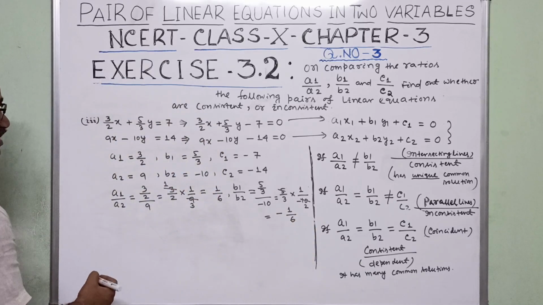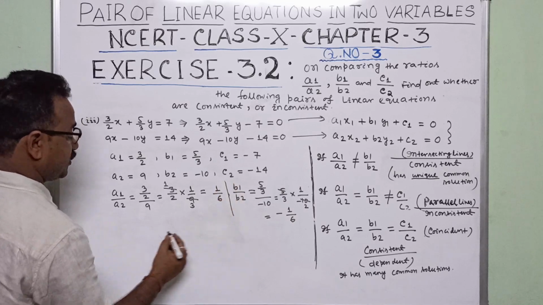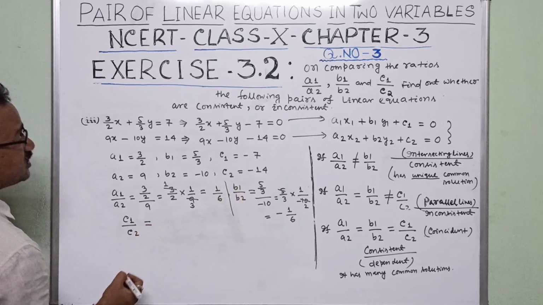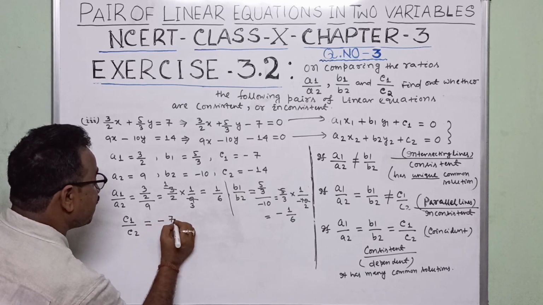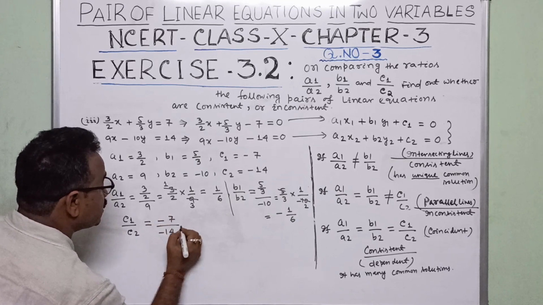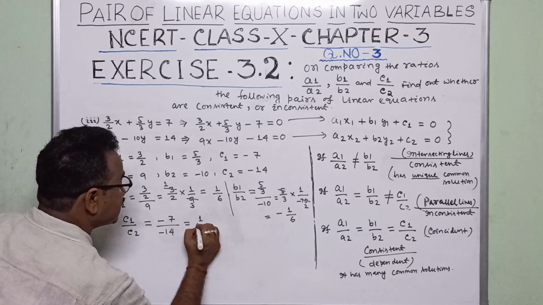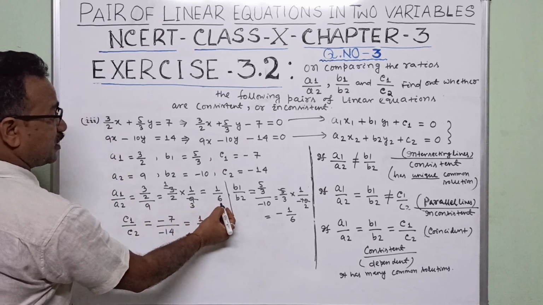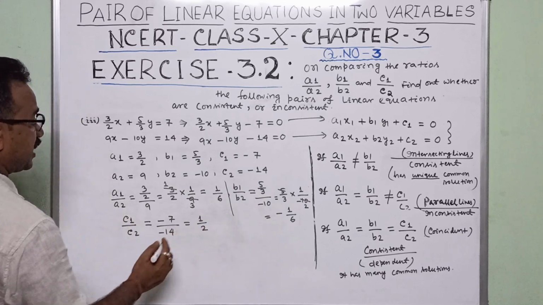Now c1 by c2 is equal to minus 7 by minus 14, which is equal to 1 by 2. So here we have 1 by 6, minus 1 by 6, 1 by 2.